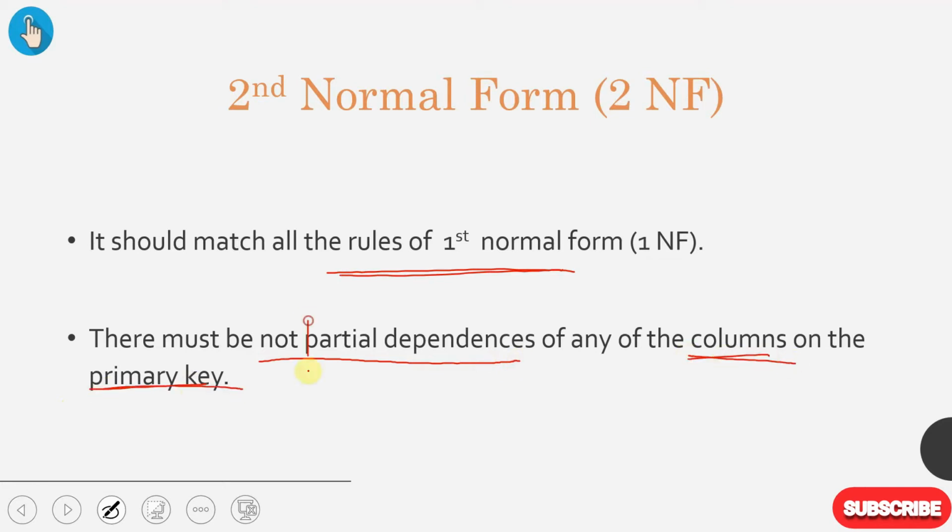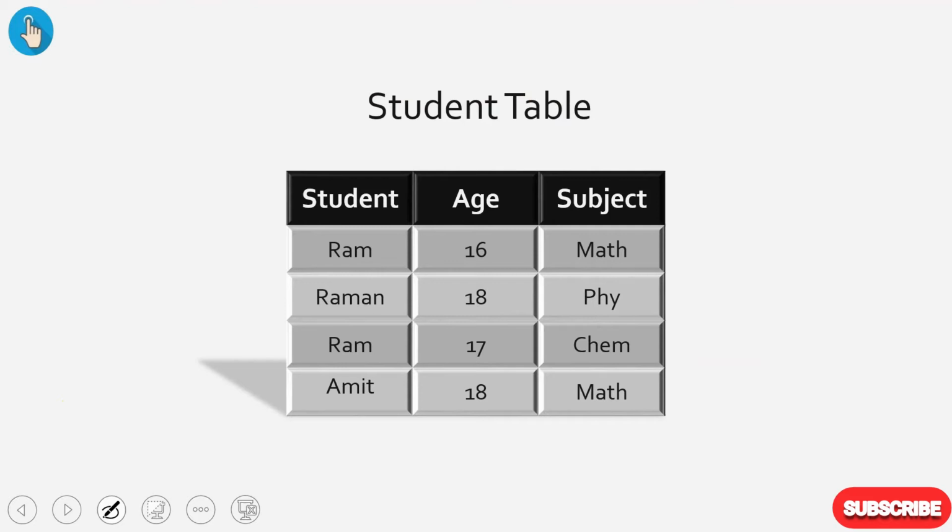Now, what does this partial dependency mean? Let me give an example. Here is a table called student, created in a particular database, and it has the columns student, age, and subject. Now, if you see, we have solved the first normal form problem, that is, each and every column has a unique value.